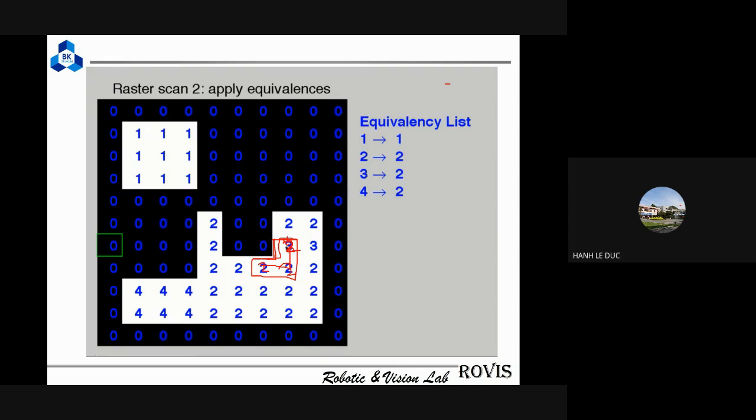After you scan it, you will have the result. After you scan many times, this will become two. So this is the method to define the blobs inside the image.